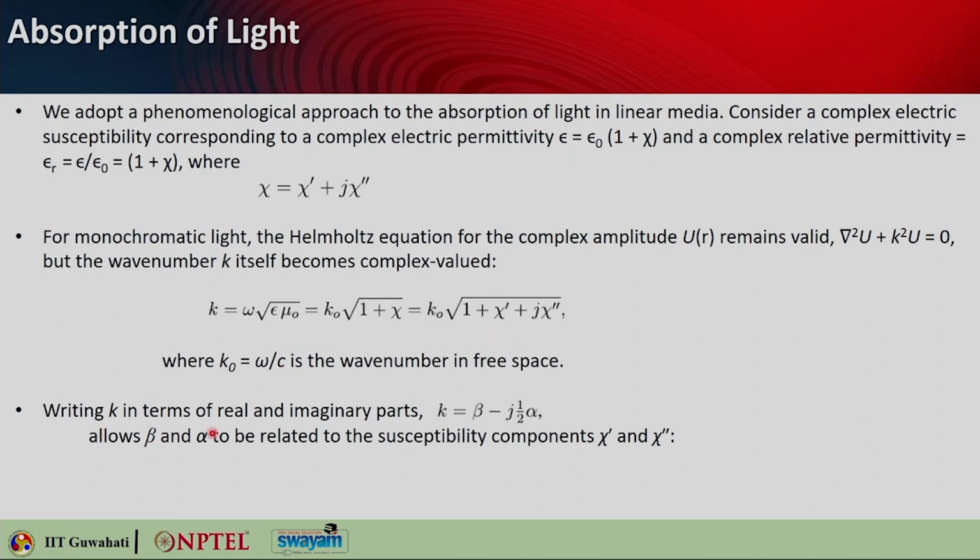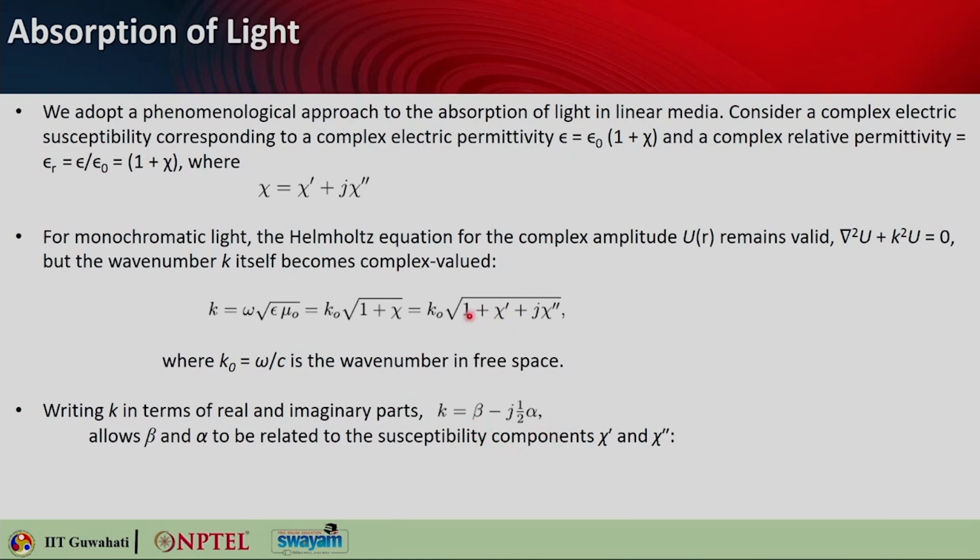Fine. Now, while writing k in terms of real part and imaginary part, we can introduce two parameters. One is beta, the propagation constant or phase constant, and alpha, which is basically the attenuation constant. So, if you write k equals beta minus j alpha by 2, I will tell you why this half factor is introduced later on, but let us assume that we are expressing the complex wave number in this particular form.